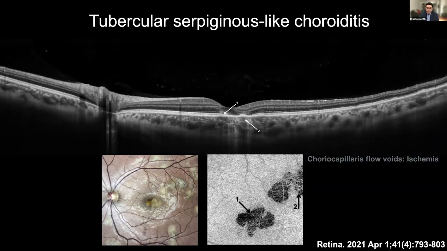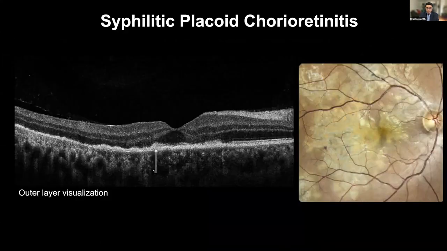And we've also recognized that there are thresholds for reversibility, and earlier treatment can often result in complete resolution of these flow voids. Similarly, in other uveitic conditions that involve the outer retina, like syphilitic placoid chorioretinitis, you can monitor the restoration of the outer retinal anatomy with treatment. And again, it's a very helpful tool, particularly combined with en-face OCT imaging.